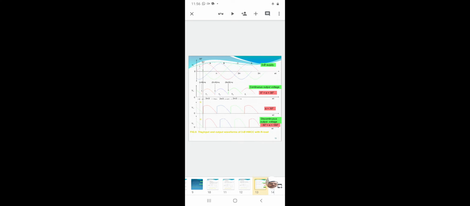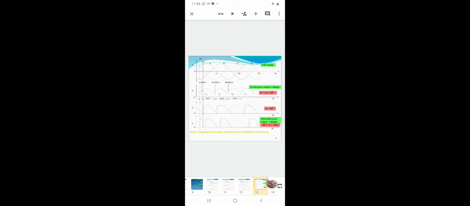In a three-phase circuit, for each thyristor T1, T2, T3, the maximum conduction angle is 120 degrees.